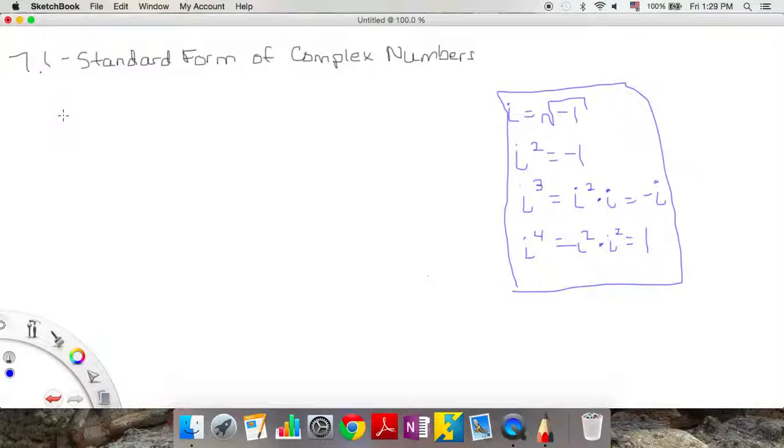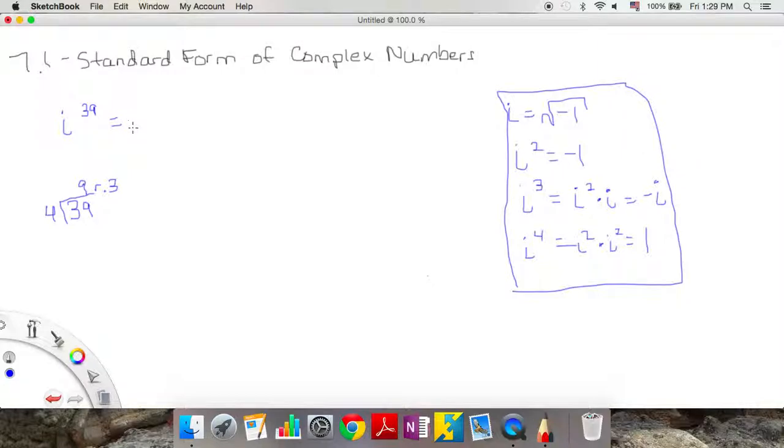So for example, if we have i to the 39th power, we want to simplify that down. Well, we take our 39, and since i to the fourth is equal to 1, we can divide that by 4. We get 9 with a remainder of 3.